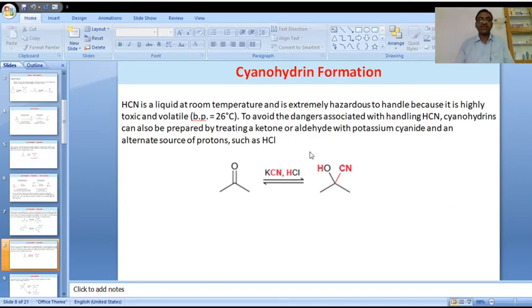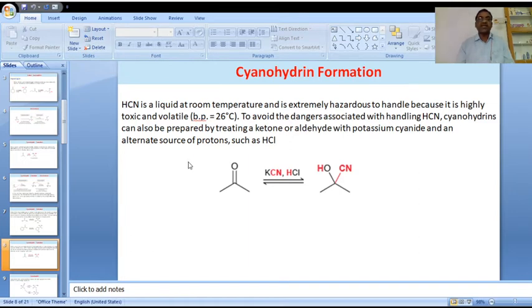HCl is a source of hydrogen to form the hydroxyl functional group very easily. This is the alternate reaction, because of the danger of handling hydrogen cyanide, a volatile liquid.